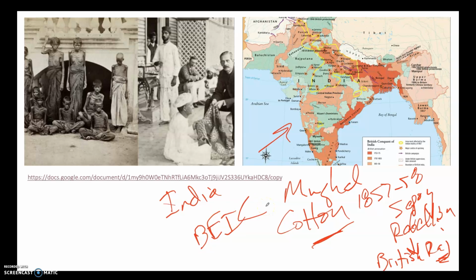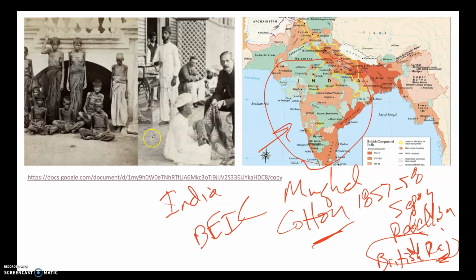And some of them were Muslim, some of them were Hindu, and they had packages of ammunition that they had to open with their mouth, their teeth, to rip them open. Some of these packages were sealed with cow fat. Some of them were sealed with pig fat. This is problematic for religion if you're Hindu or Muslim, not coming into contact with those animals. So they rebel, to rebel against just overall British occupation in India. They are unsuccessful in this rebellion, and it's going to lead to basically Britain taking over most of India.